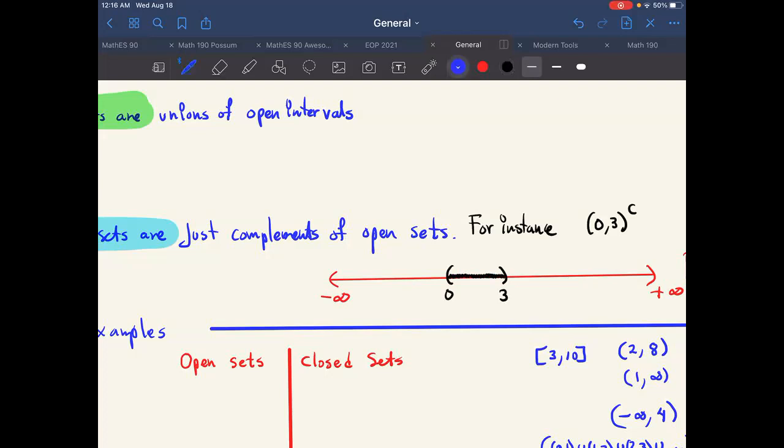And the complement of that is from here all the way to here, excluding negative infinity, and also from 3, including 3, all the way to plus infinity. That's the complement, right? That blue set is a closed set. It's a closed set, right?